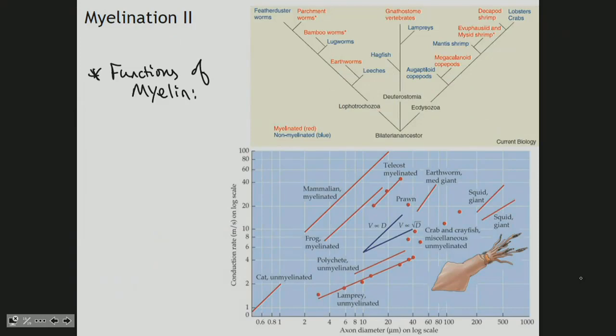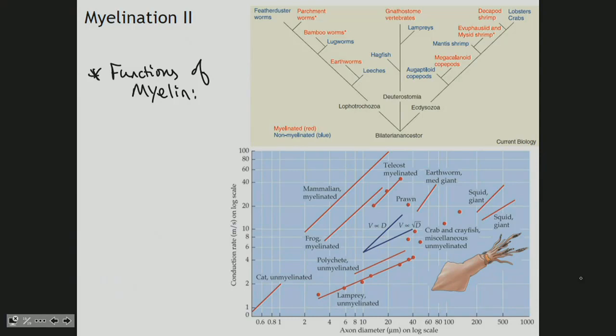So if you look at myelin and where it's distributed, at least in the animal world, you're seeing myelination in red and non-myelination in blue. Just looking at where this exists, you see myelination in vertebrates, gnathostome vertebrates, jawed vertebrates.